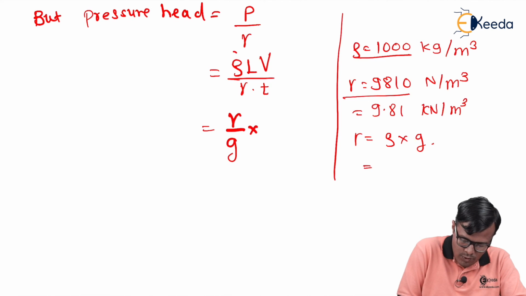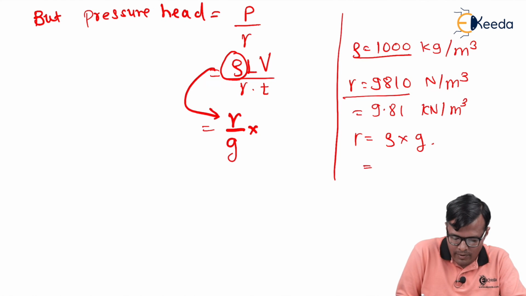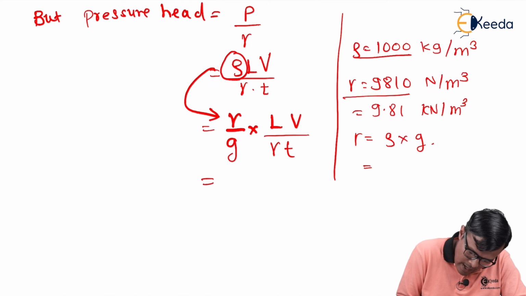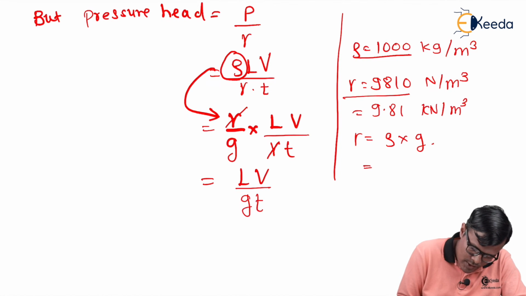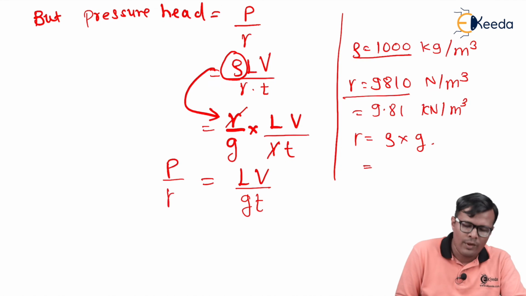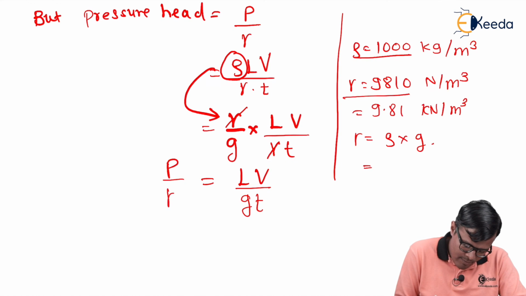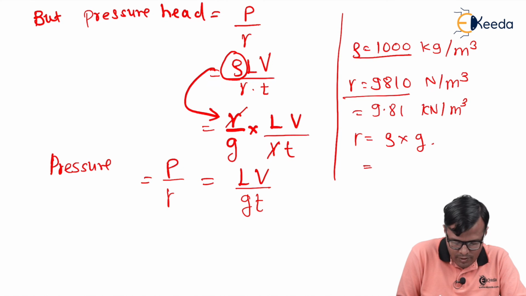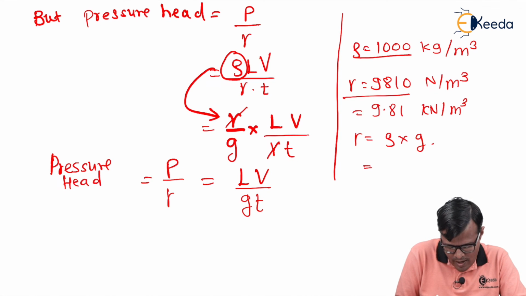In place of this rho, I have put this term gamma upon g into LV upon gamma T. This gamma gets cancelled. So LV upon gT. So this is P upon gamma. We generally call this pressure head H.